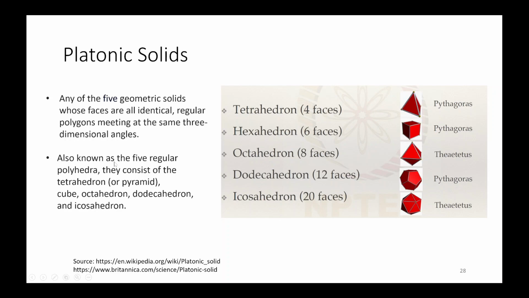These are also known as the 5 regular polyhedra. They consist of the tetrahedron or pyramid, cube, octahedron, dodecahedron and icosahedron. These are the 5 platonic solids. Now these are the number of faces that they have.